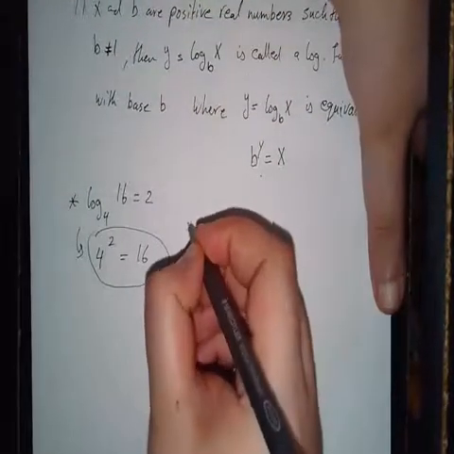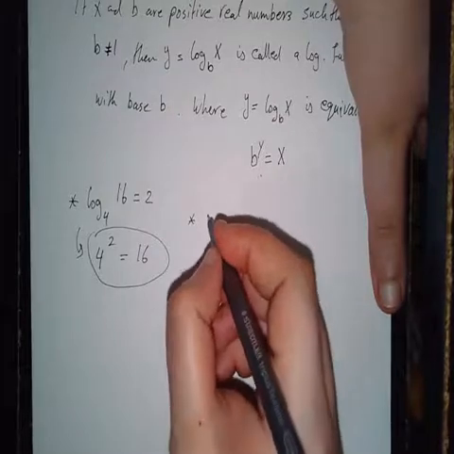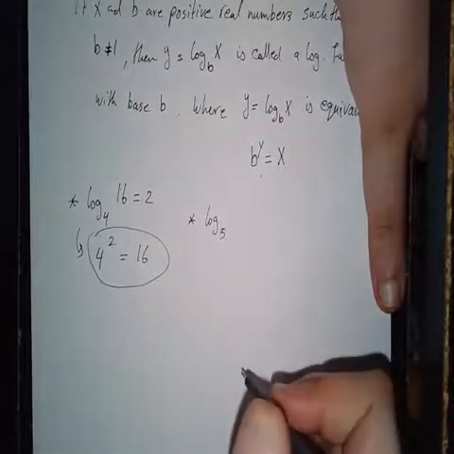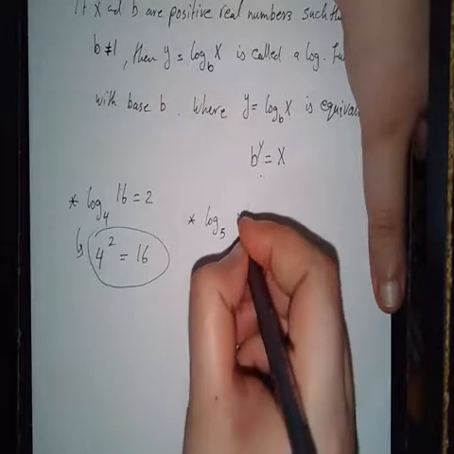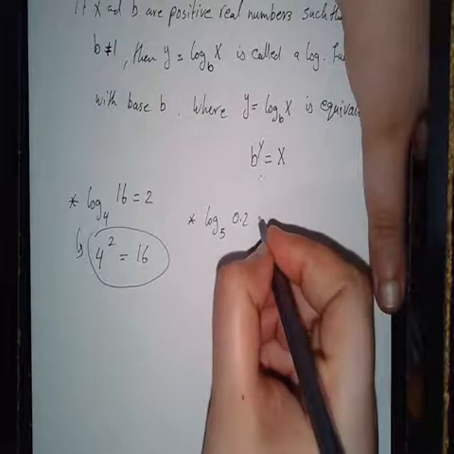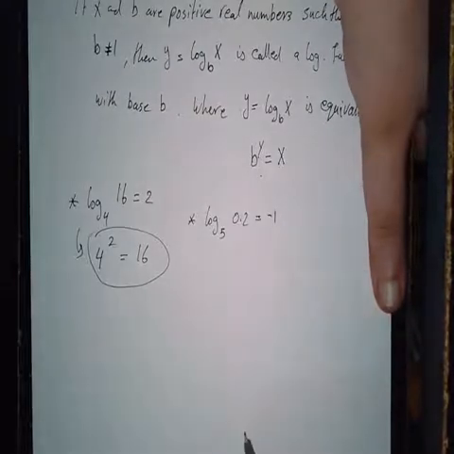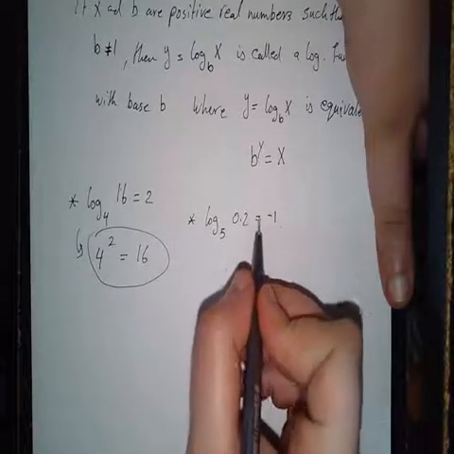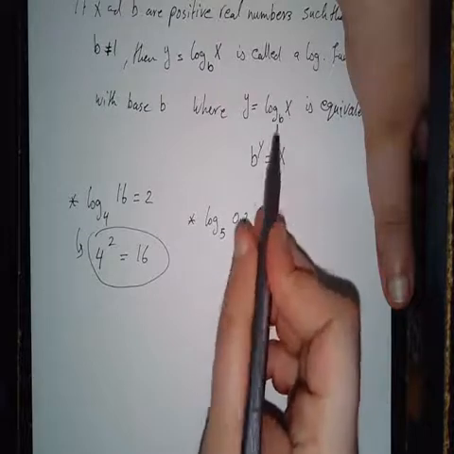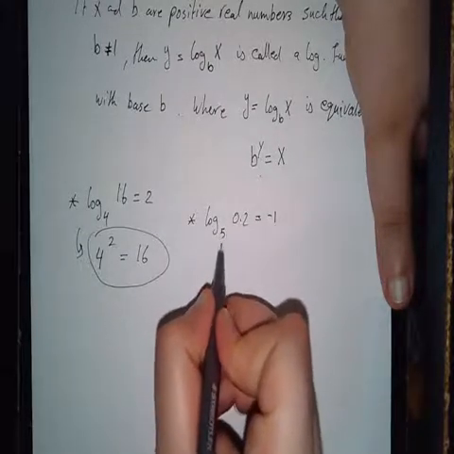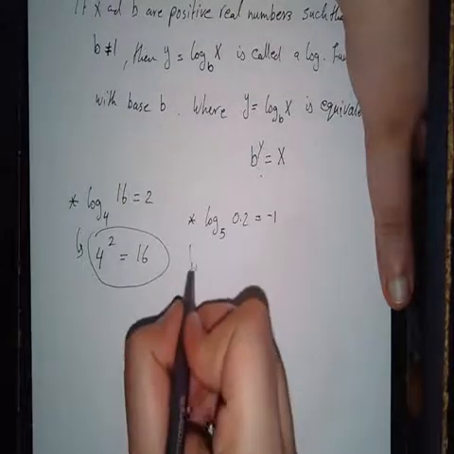Let me give you another example. How about log base 5 of 0.2, and it equals -1. Now let's write this in exponential form. The base of the exponential form is the same as the base of the log, b, right? So, what's my base over here? It's 5.